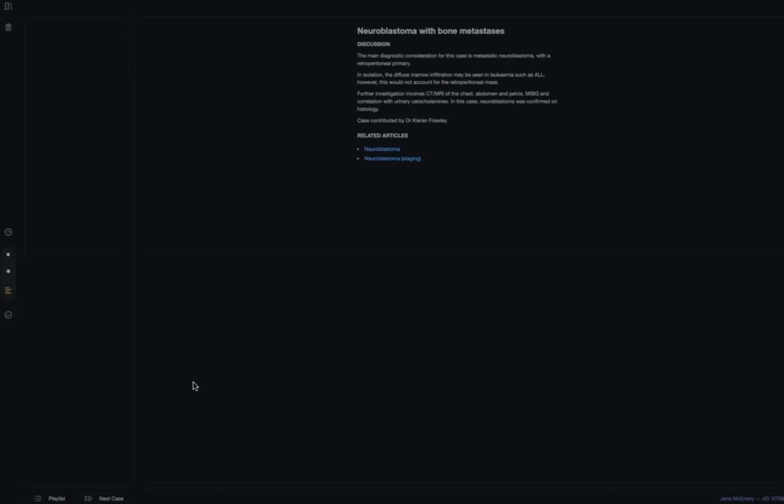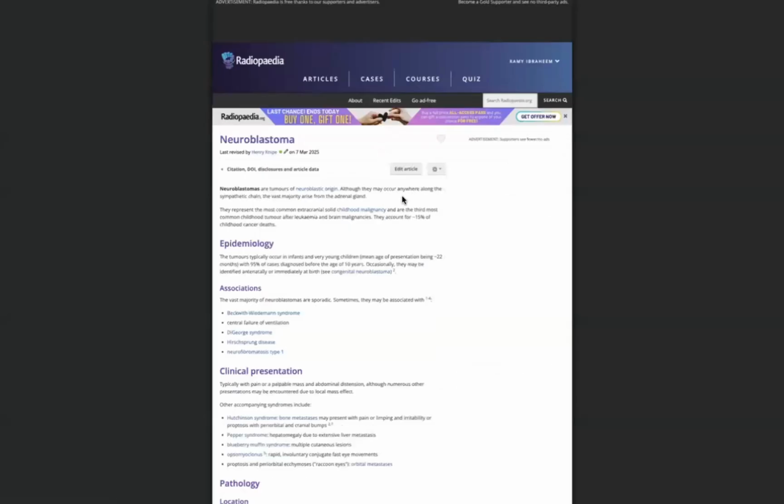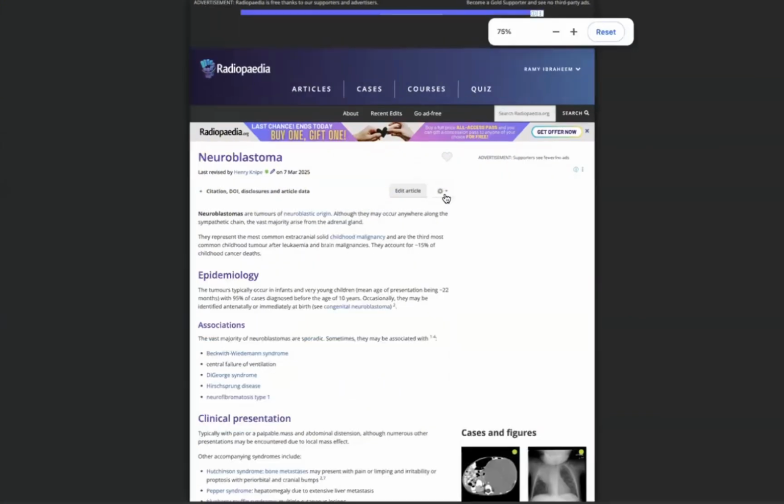The next step will be MIBG and technetium, the regular bone scan, technetium MDP. Why? Because at least 36% of the metastases of neuroblastoma do not uptake MIBG. See, this is Radiopaedia.